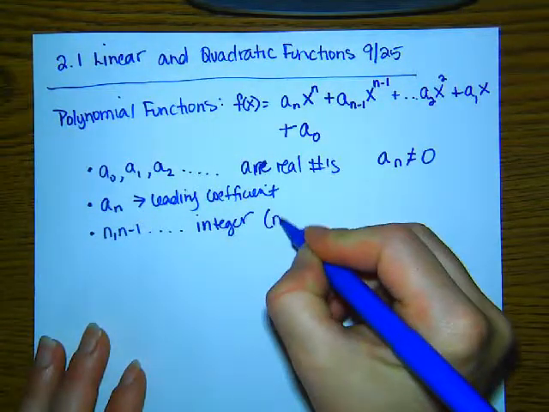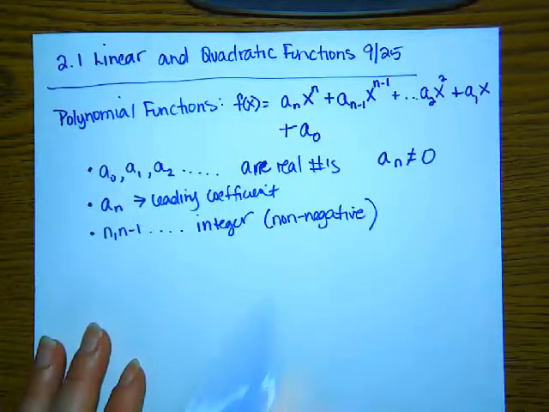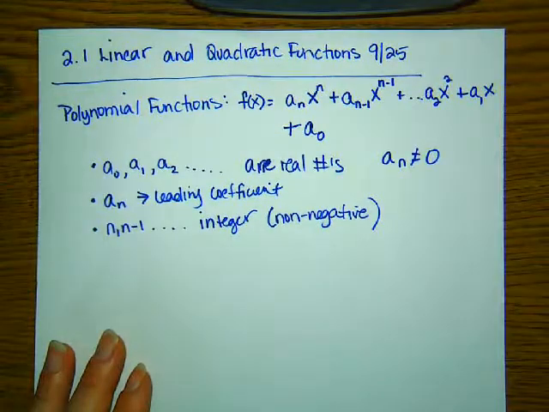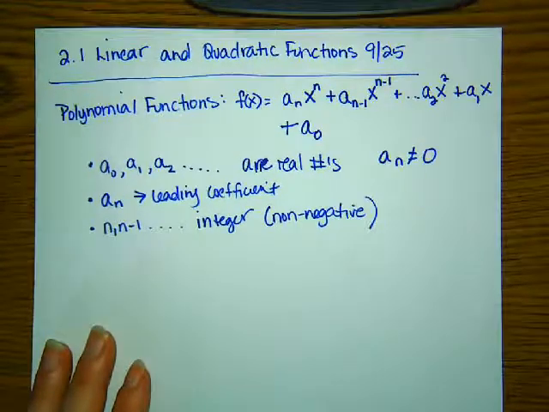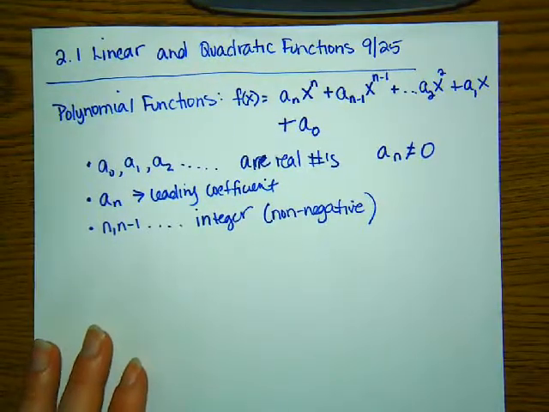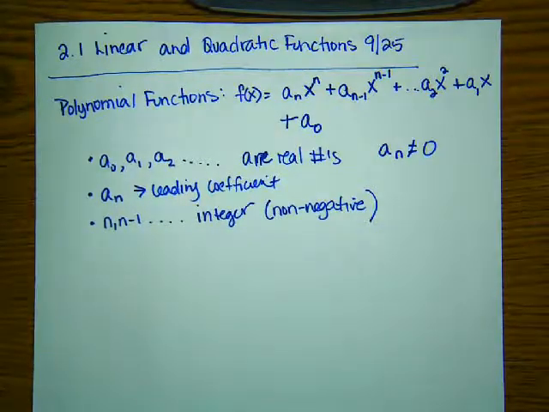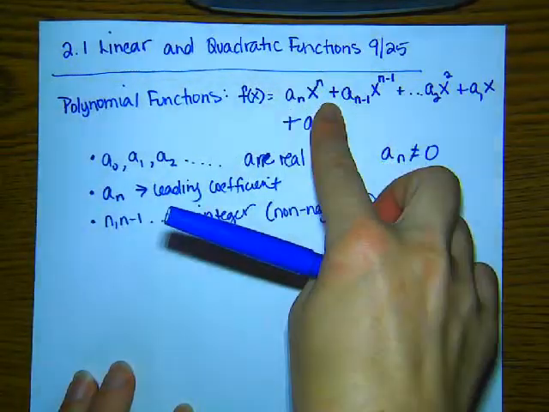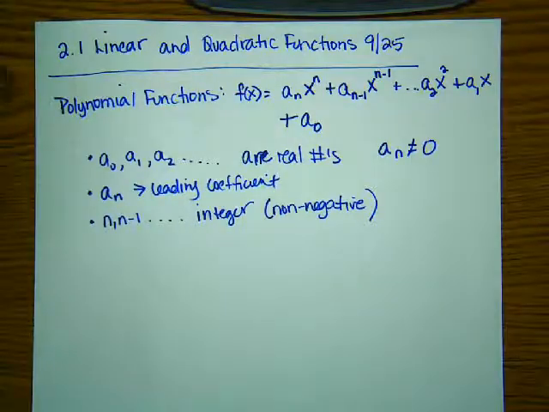And they need to be non-negative. Something you also need to understand is that every single function that can be written that will have some kind of constant and either an x or no x term can be written as a polynomial function.